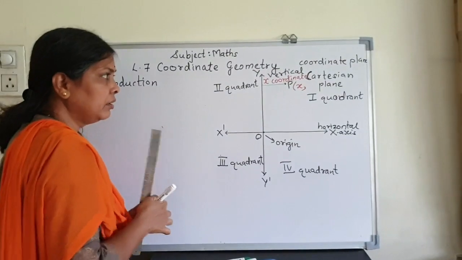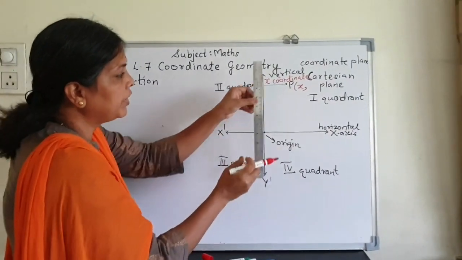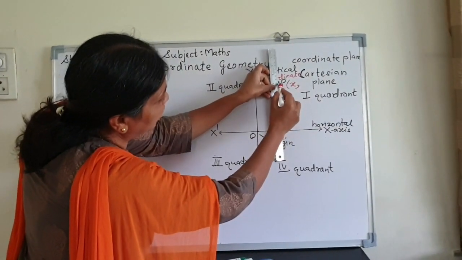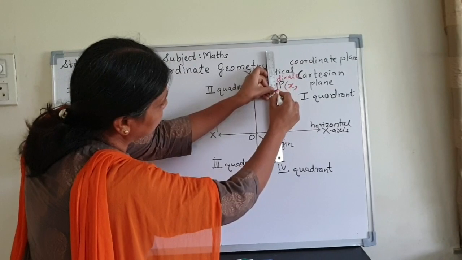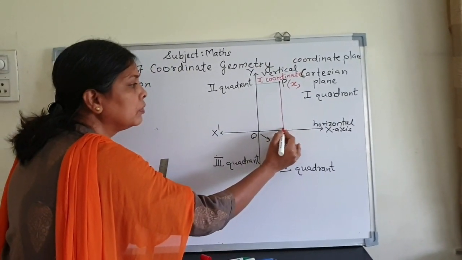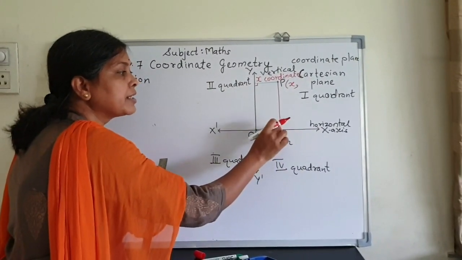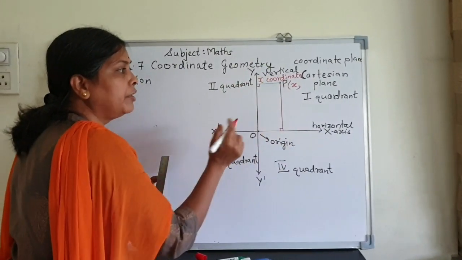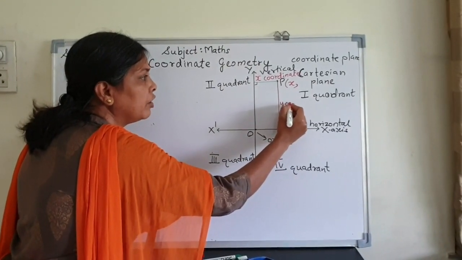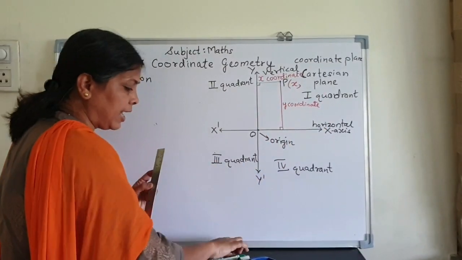Then if you draw a vertical line from the point to the x-axis, these are perpendiculars. This is the distance from the x-axis to the point, and this is the vertical distance. So this is called the y coordinate, and that is written as y.